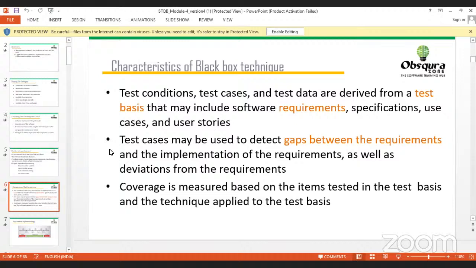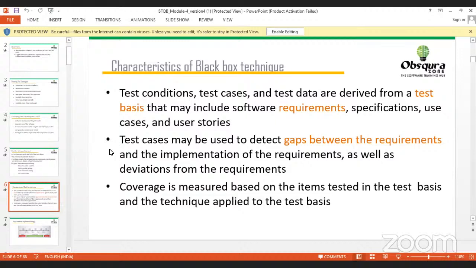The test basis includes the requirements, the specification, use cases and user stories. From these we derive the test cases and test conditions for black box testing.